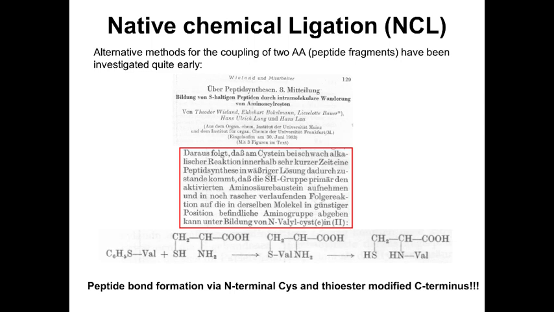Native chemical ligation rests upon a finding that is really old, and you see here a publication, still in German, that describes the coupling of two amino acids. On the one hand, this is cysteine that is coupled to valine.